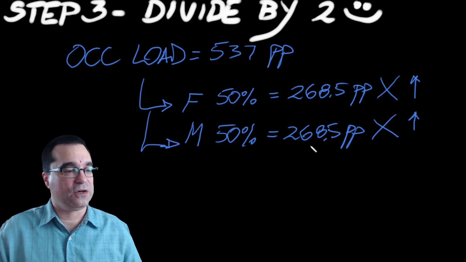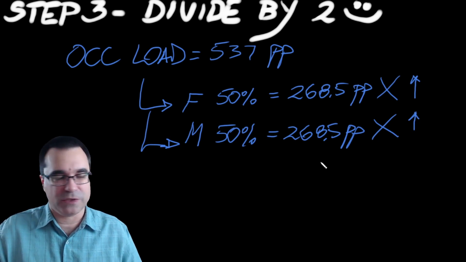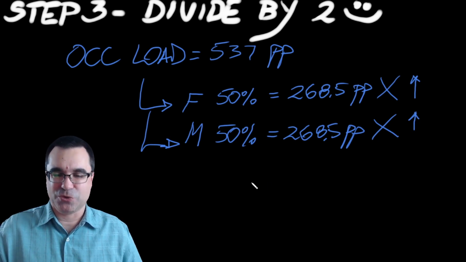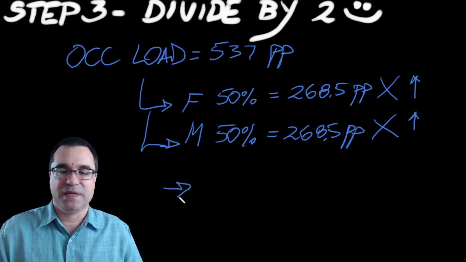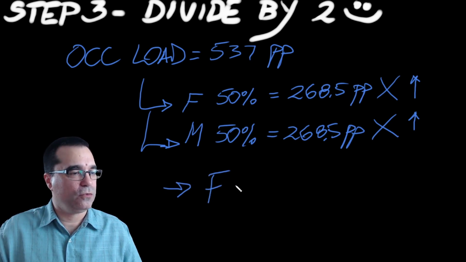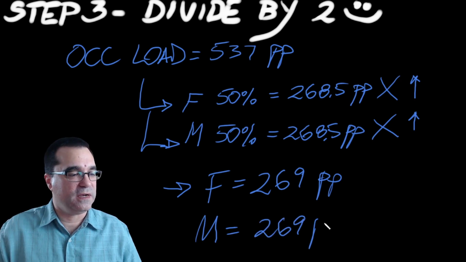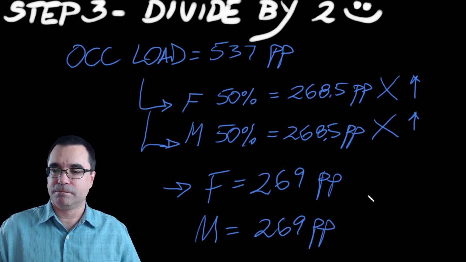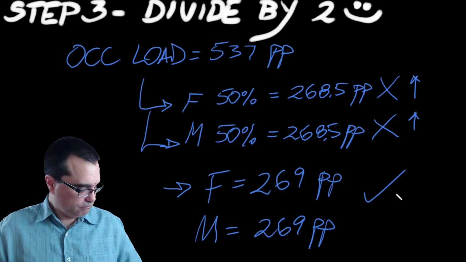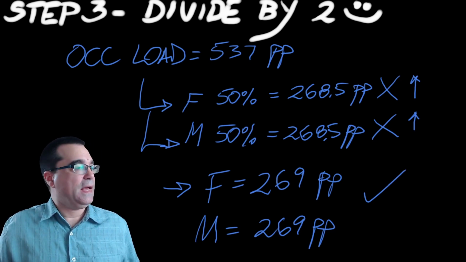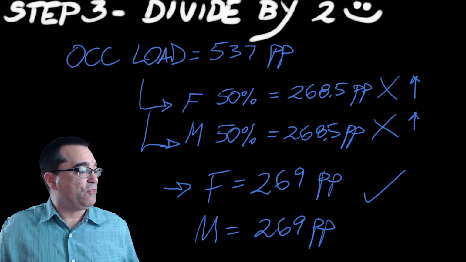Because what we're getting here is more than 268. So what does that mean? It means that in the female bathroom, there are going to be 269 people. And in the male bathroom, there are going to be 269 people. Like that. Okay? Amazing. Let's then move on to step 4.